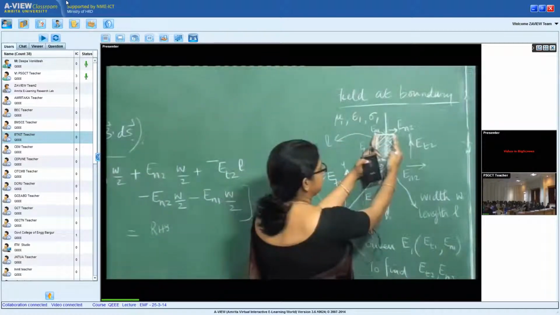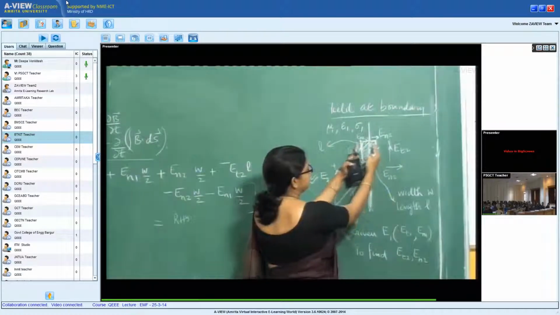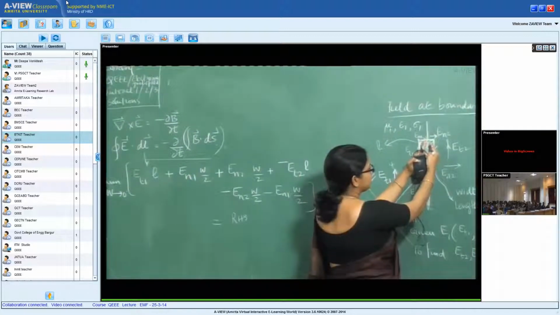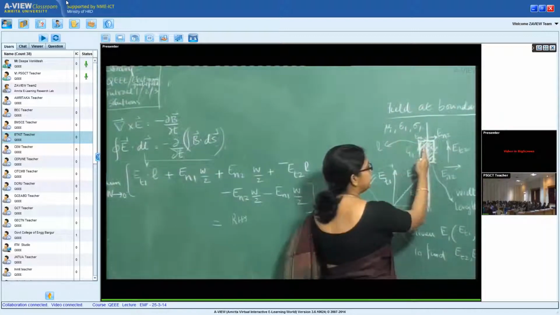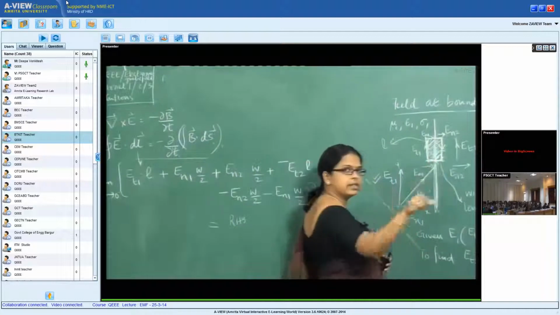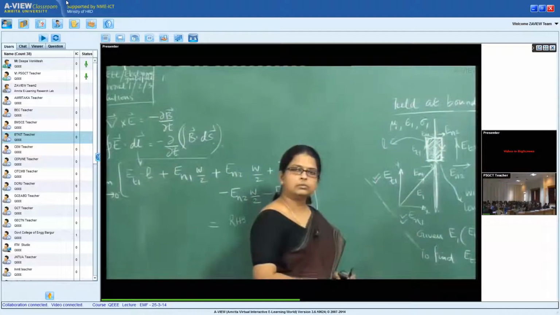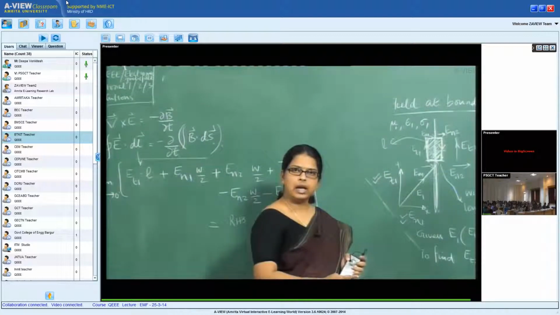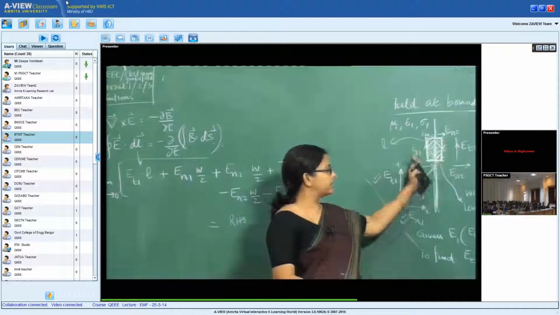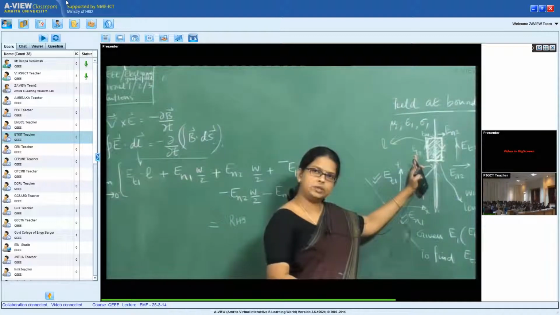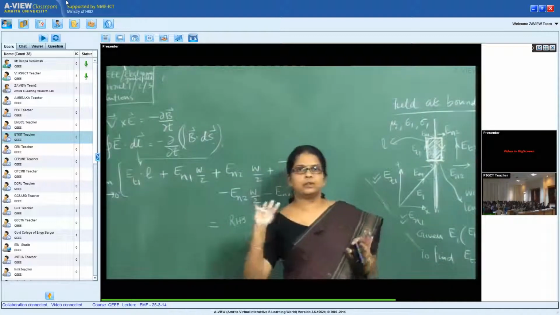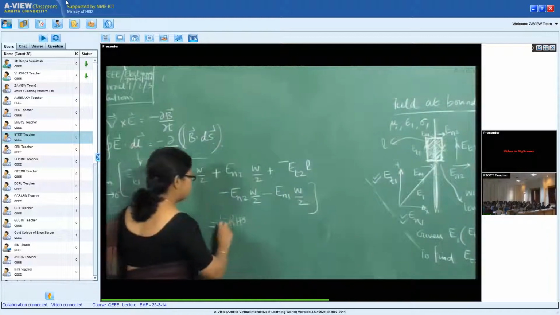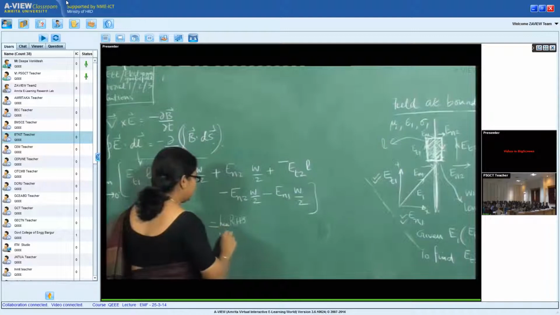Imagine that I am continuing to do this process with smaller and smaller loops, and I am going to look at the limit when that width tends to 0. Where am I when the width is tending to 0? I am sitting at the boundary. Sitting at the boundary, on the left side I have the fields on one side, on the right side I have the fields on the other side. So that is the argument. So RHS also, I have to look at the limit as W tends to 0.